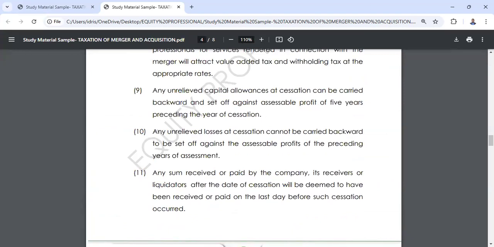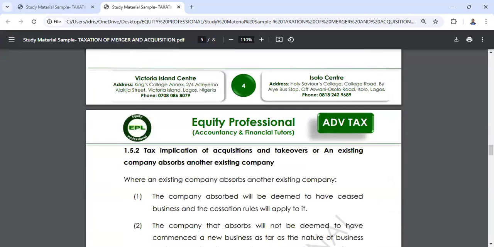Now, let's look at the tax implication of acquisition. In what other way can we state acquisition? They can ask, what is the tax implication of an existing company taking over another existing company? An existing company absorbs another existing company.